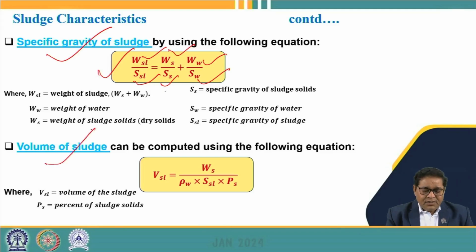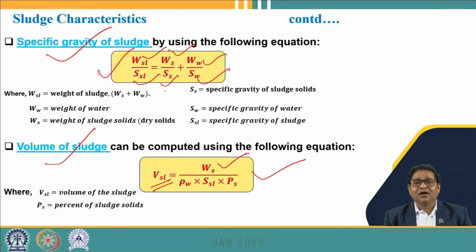And then the volume of the sludge can be computed using this formula, where VSL represents the volume of the sludge, which is equal to WS, the weight of the solids, divided by rho W, the density of the water, and SL, the specific gravity of the sludge, and PS, which represents the percentage of solids in the sludge. So using this equation we can find out the volume of the sludge.